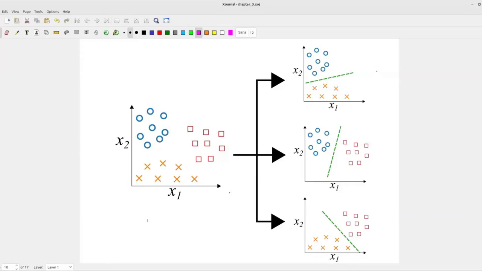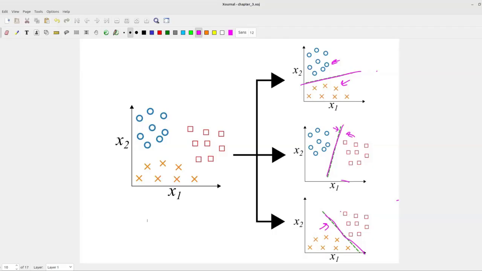Everything's got a label, so this is very easy to do. I am going to train a classifier that says all of my blue circles on this side and all of my orange X's on this side. And then I'm going to train a classifier that's blue circles versus red squares. And then a classifier that's orange X's versus red squares.